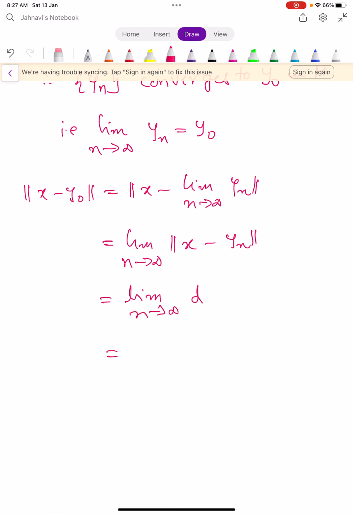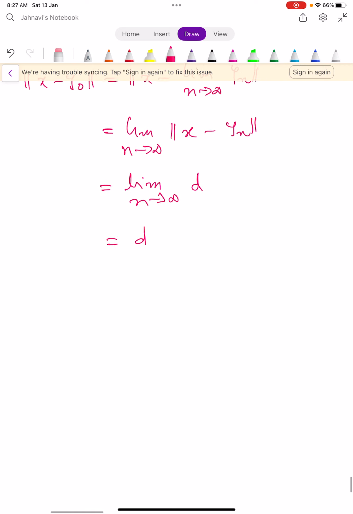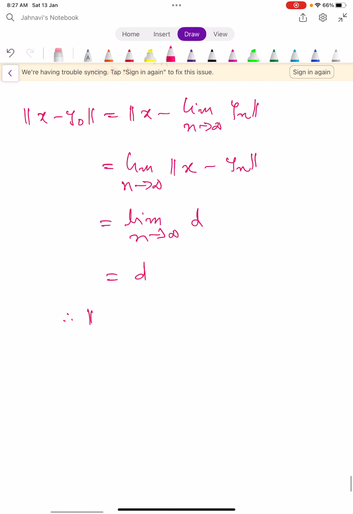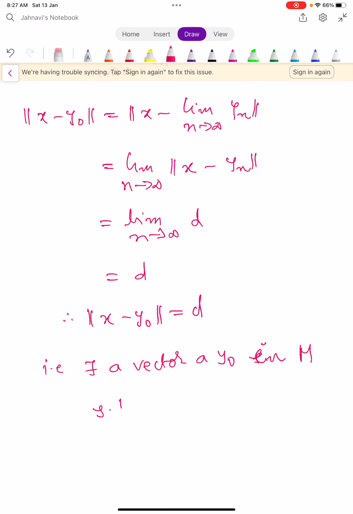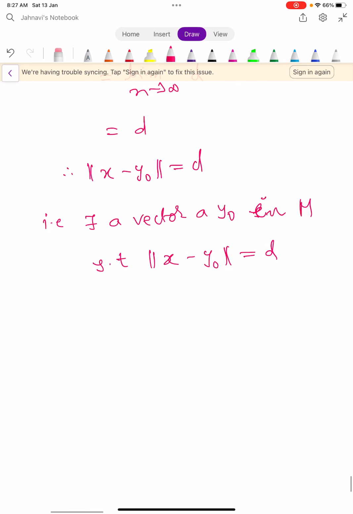D is a constant, so the limit cannot be applied. Therefore we prove that norm x minus y0 is equal to d. That is, there exists a vector y0 in capital M satisfying the condition norm x minus y0 is equal to d. This is actually what we want to prove.